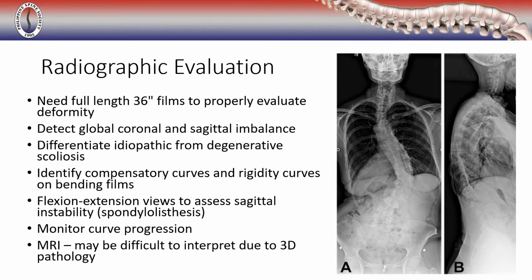We should take bending films to identify compensatory curves and rigidity curves, as well as flexion extension views to assess for sagittal instability. Now, oftentimes the patient may present also with radicular pain or stenosis symptoms, and then we can also request an MRI. However, there's some difficulty in interpreting the MRI because the images usually come out polymorphic due to the three-dimensional pathology.